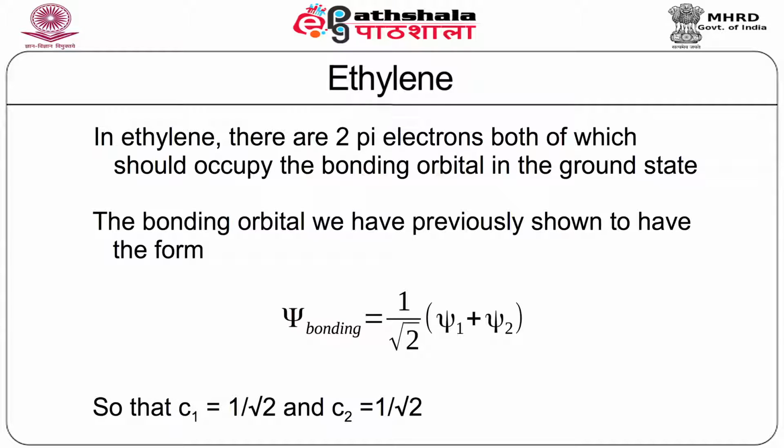The bonding orbital we have previously shown to have the form psi plus equals 1 by square root of 2 times psi 1 plus psi 2, where psi 1 and psi 2 were the atomic orbitals. So we have C1 equals 1 by square root of 2 and C2 also equals 1 by square root of 2.